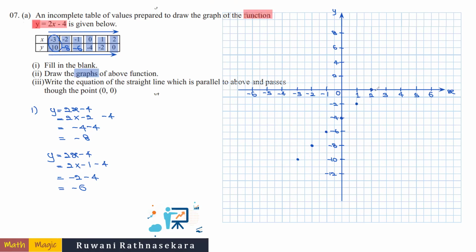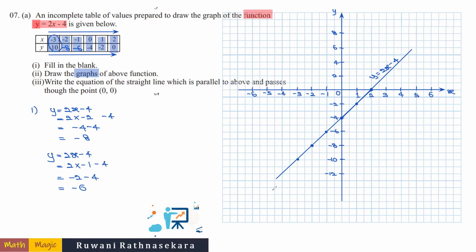And 2, 0. Look, when you connect these points together, what you get is a straight line. This is what we call the graph of this function. This shape, this line, we call the graph of the function.